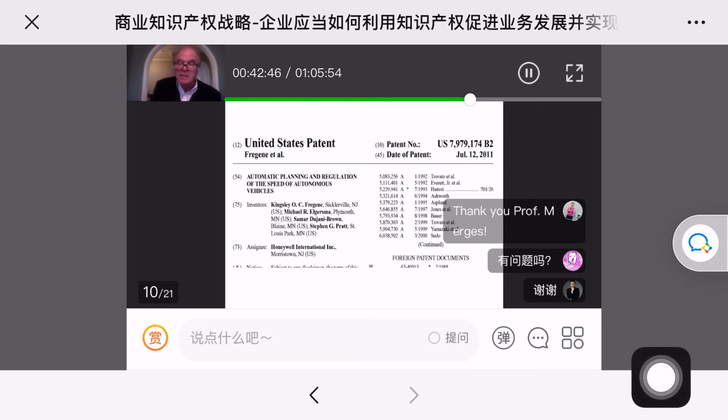Okay? I'm not going to go through the details of this patent. The slides are available if you want to look at them. The real point of it really is just to sort of focus quickly.